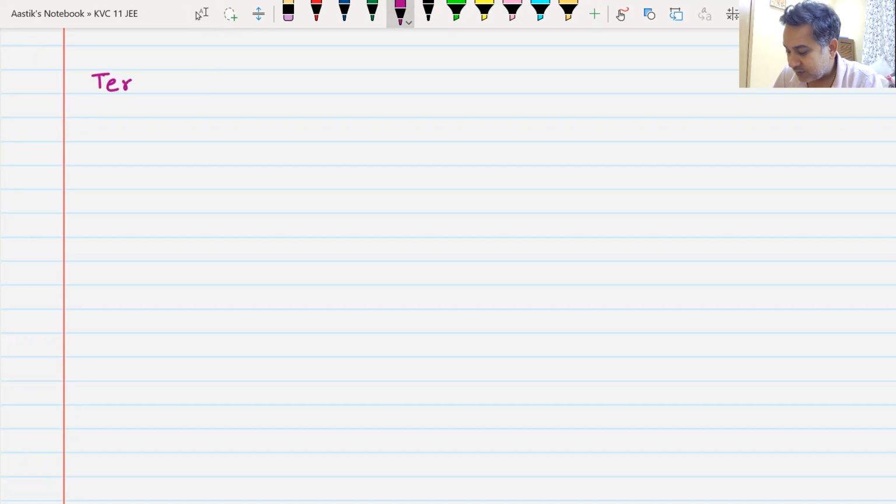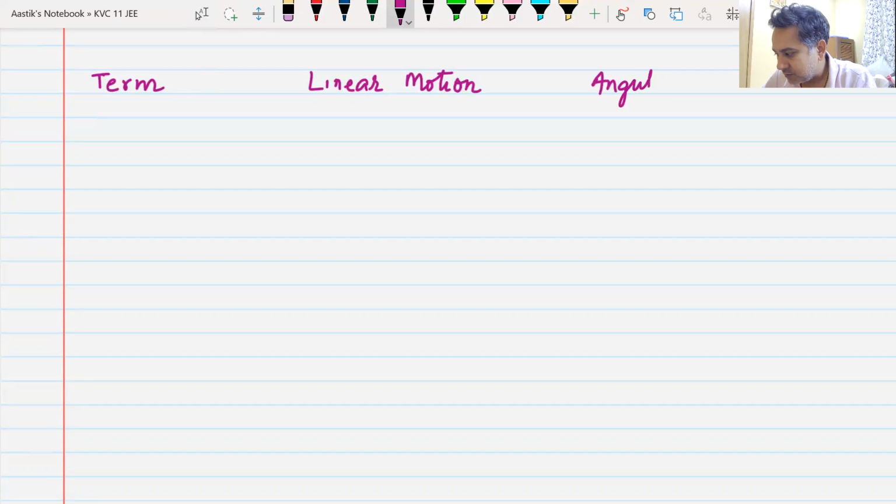So I can write the name of the term, then we will see how it looks in linear motion and how it looks in angular motion or rotational motion or circular motion. Okay.